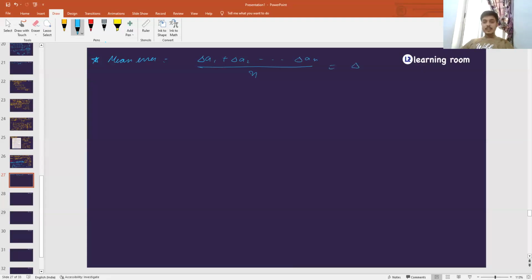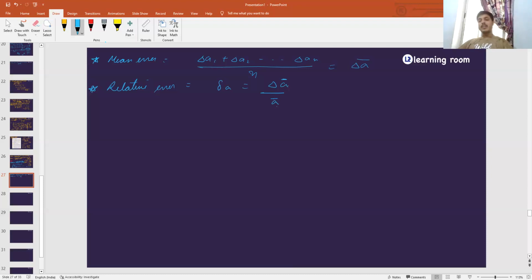You can write it like delta A bar, where A bar means mean. Then we have a term called relative error. That is the mean error divided by the mean value, mean error by the mean value.